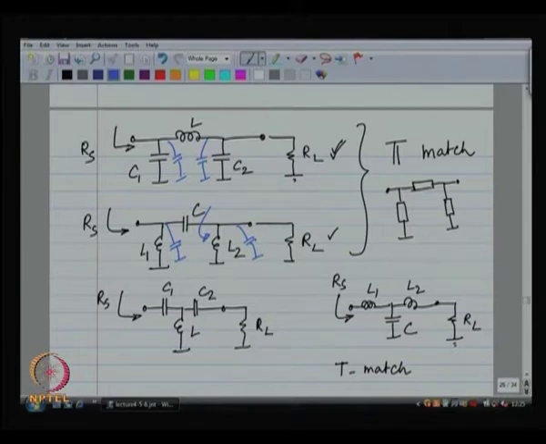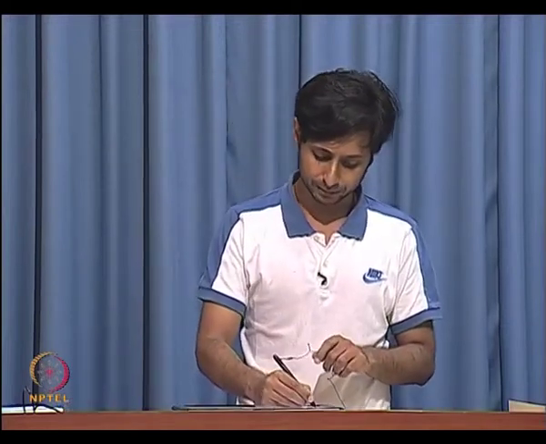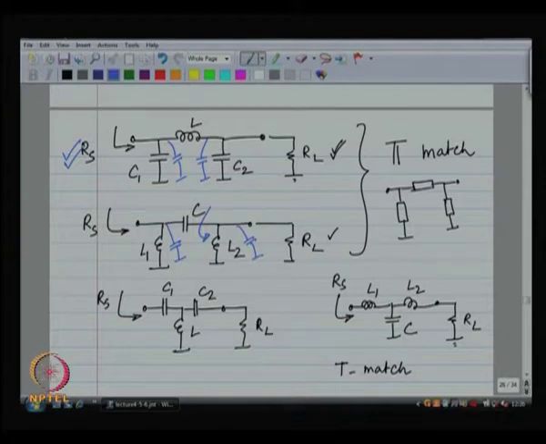So, C 1 and C 2 can absorb these parasitic capacitances, and once I figure out what these parasitic capacitances are going to be, I basically design in such a fashion that C 1 and C 2 are so much less. The desired total capacitance minus the parasitic, I design it in that fashion, right. So, that is why I kind of prefer this particular design as opposed to the next one.